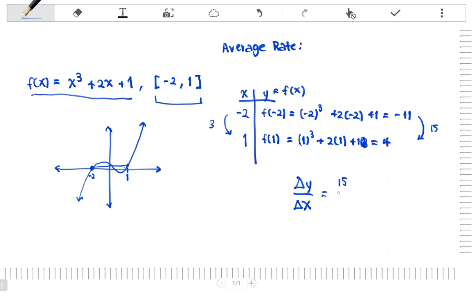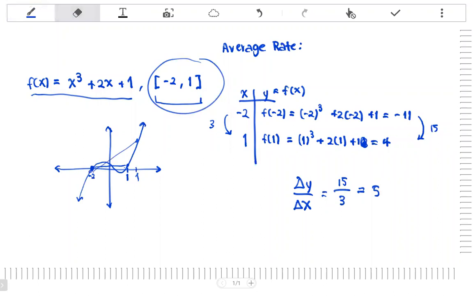Delta y is 15, and delta x is 3. So the average rate of this function is 5, from -2 to 1. From these intervals. That's what we get. So the slope would actually look something more like this. Because it's 5. So that's what average rate is.